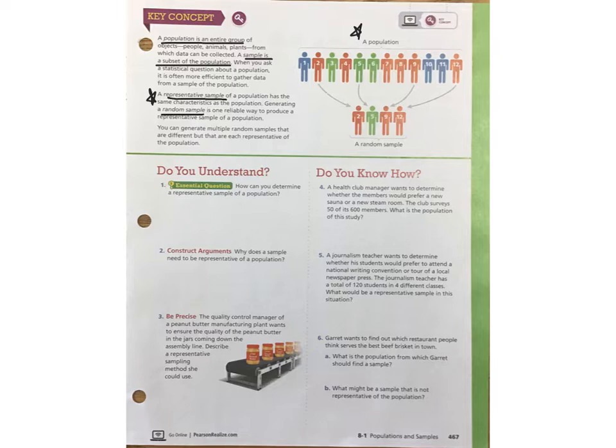But another random sample could have asked every third person, or perhaps every even-numbered person. And each of those could have been considered a representative and random sample, but they would have been different from the random sample initially generated.